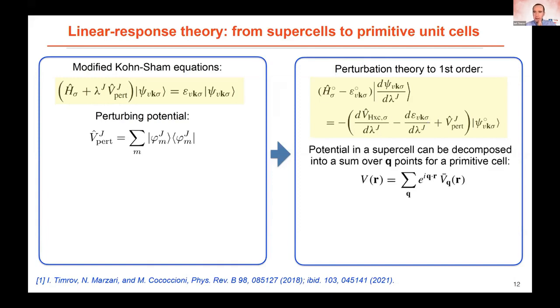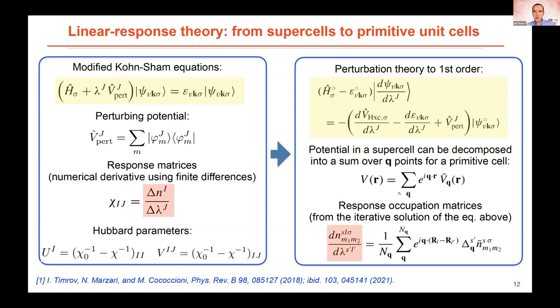Then we use the fact that we can represent the potential of the supercell as the sum of the monochromatic components in a primitive cell. Combining these two ideas allows us to simplify the problem greatly. Now we just use a primitive cell and many monochromatic perturbations instead of one isolated perturbation in a supercell.